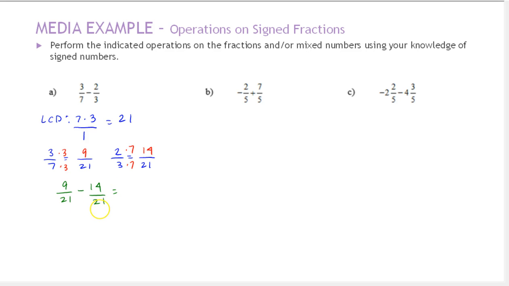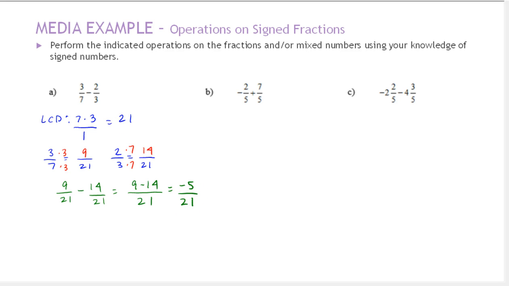Since the denominators are the same, I can now subtract the numerators, 9 minus 14, and keep the denominator. Now this is where the signed fraction part comes in. Remember, with subtraction the order matters, so 9 minus 14, if you start at 9 and take away 14, that is going to be -5.